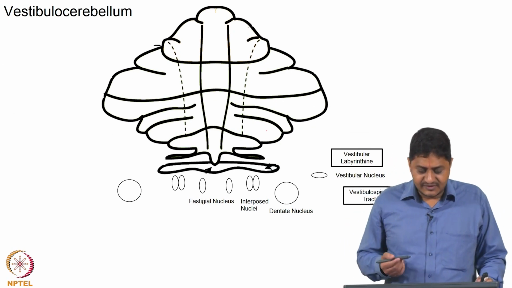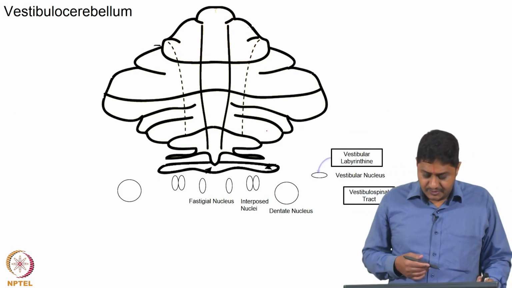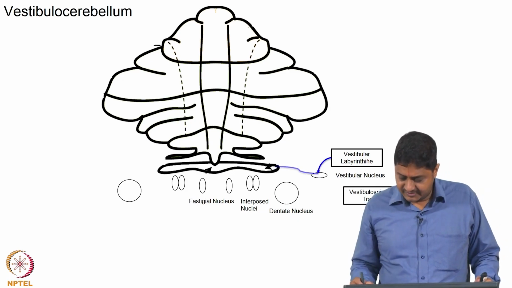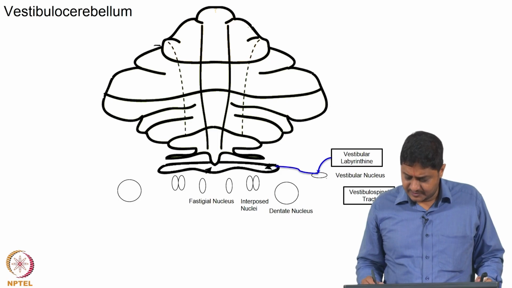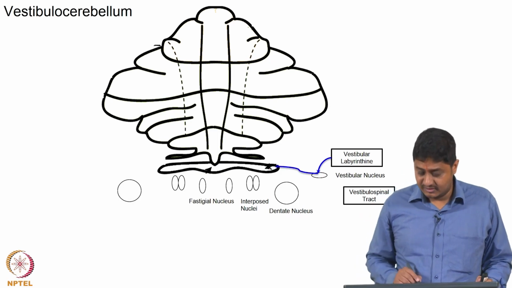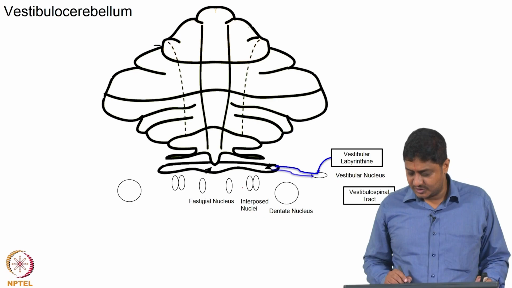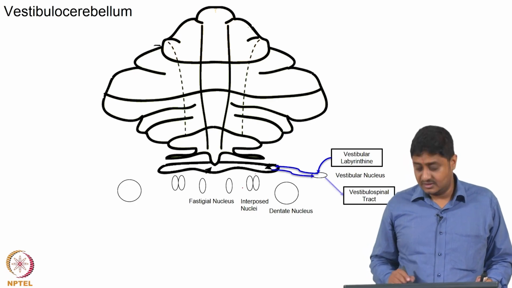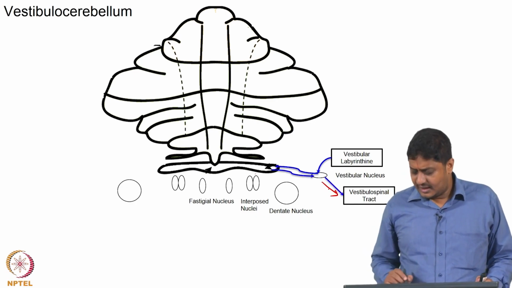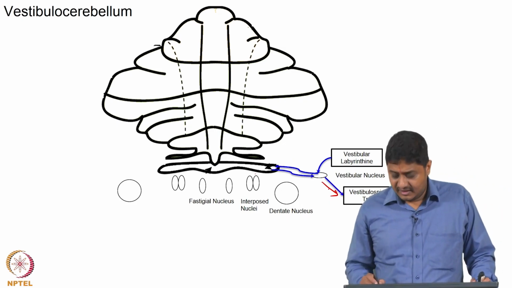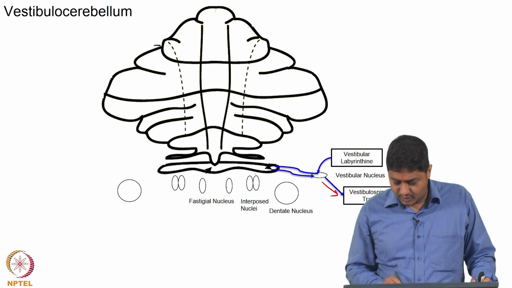And the pathways within the vestibulocerebellum. It turns out that the information from the vestibular labyrinth goes to the vestibular nucleus and to the vestibulocerebellum, which is the flocculonodular lobe here, and from there it projects back to the vestibular nuclei, and from there to the vestibulospinal tract. An interesting point to note here is that information from here does not go to any of these.